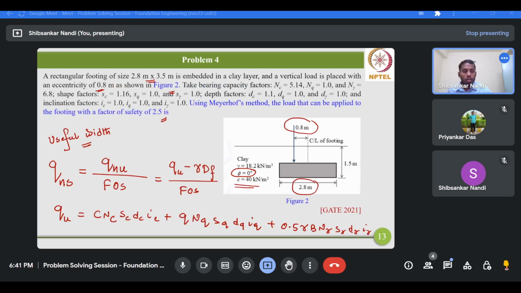Then q, that is the surcharge at the foundation level, this is gamma times Df. The gamma value is given as 18.2 kilonewton per meter cube, and the Df value is 1.5.